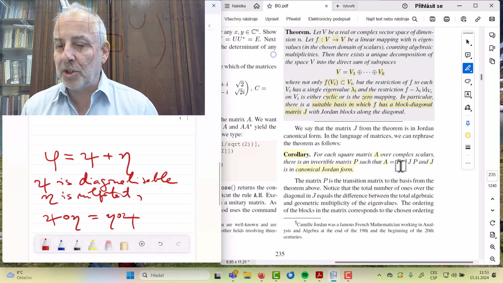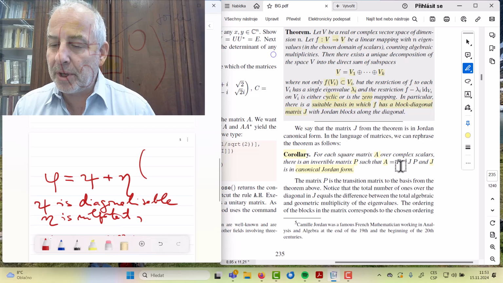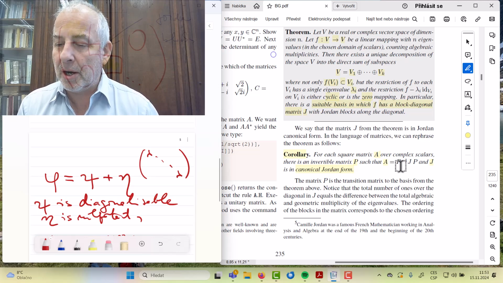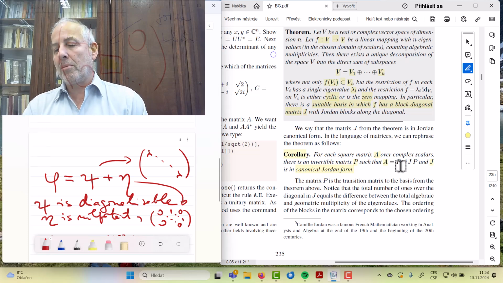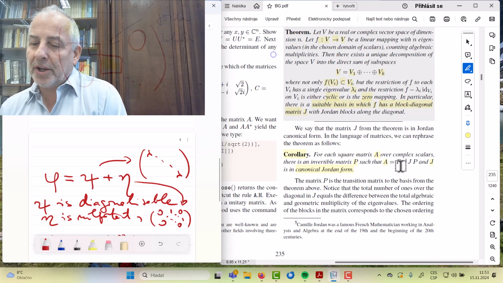Yeah, and you can imagine what it means in the individual Jordan blocks, right? In the individual Jordan blocks, if it's just one of those blocks, you have the lambdas here, that's the psi, and then you have the Jordan block with zeros here and ones here, that's the nilpotent part. Right, and you can check that those two commute.